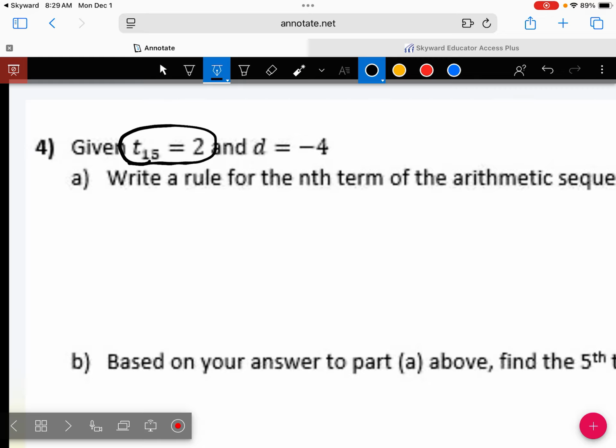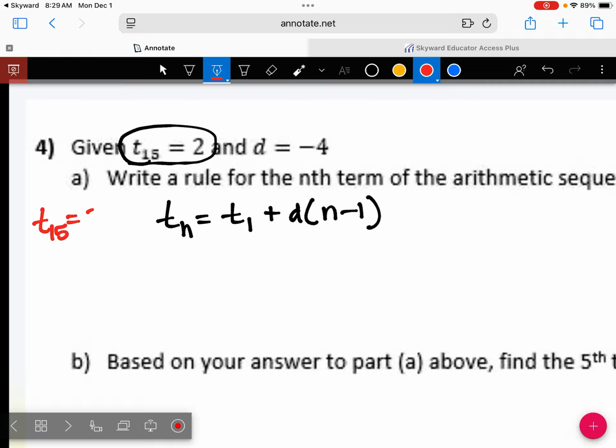So let's go ahead and write our rule. T sub n equals T1 plus D parentheses n minus 1. We know T15 is 2, which means n is 15. So this is the term number.